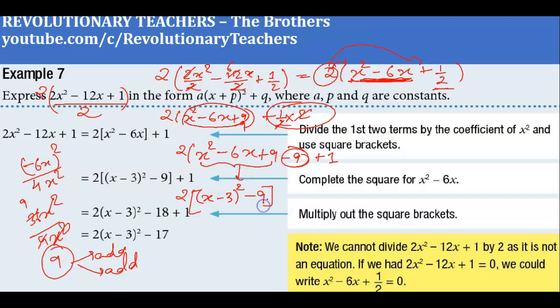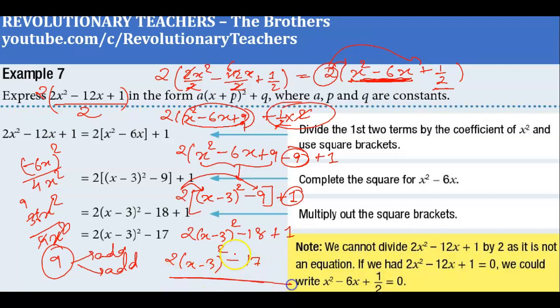We will open the bracket and then we will solve it. Now 2 comes with this bracket also and 2 comes with 9 also. So 2x minus 3 whole square minus 18 plus 1 separately. 2 is not getting multiplied with 1. Okay. So you will be writing 2x minus 3 whole square minus 17.